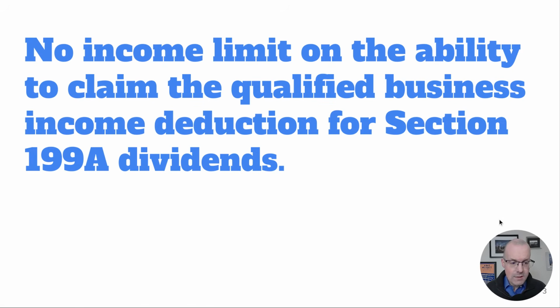Well, you heard correctly, but that's as applied to self-employment, to business income. These are dividends, a different thing. If you have your own business, you're a partner in a business, these sorts of things, you have to think about income limits. But for the 199A dividends, don't worry about your income. Just not a thing. You get it if you have $1 billion of income or $20 of income.